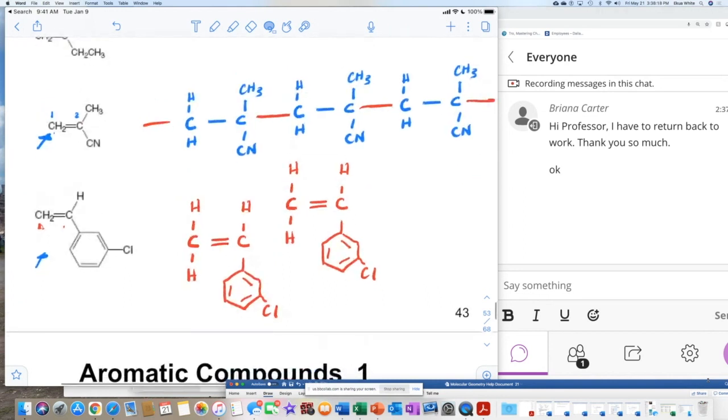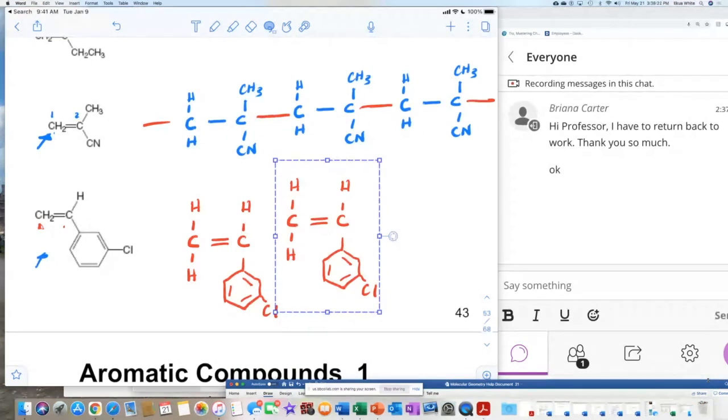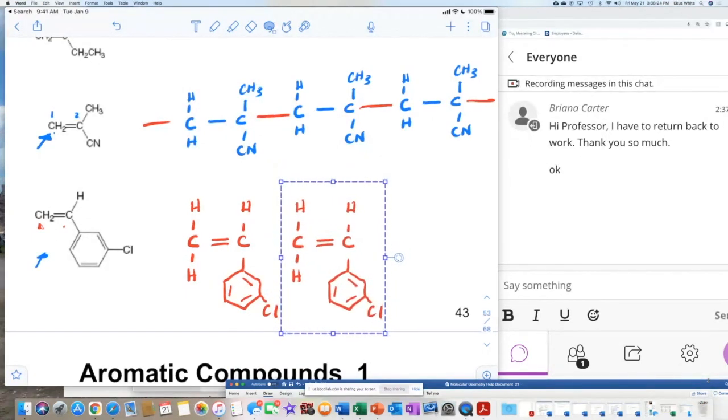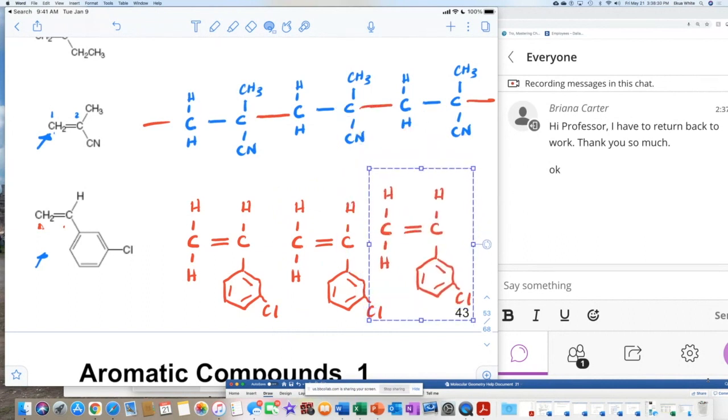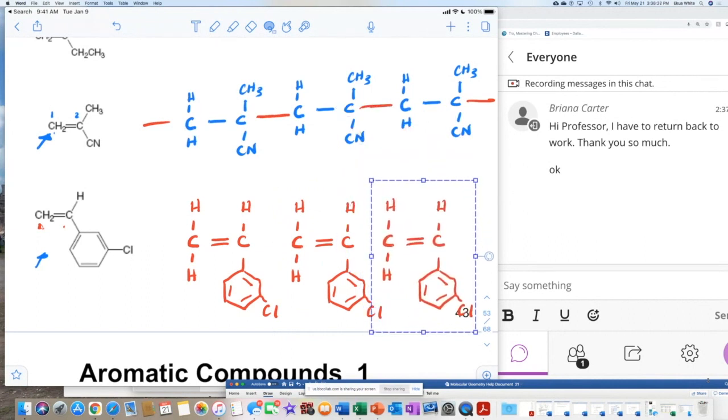Oh, oops, no. Paste. Okay, better. Paste again. Okay, so I'm going to go in here and erase that. Can I bring that here and erase that? Bring that here and erase that.